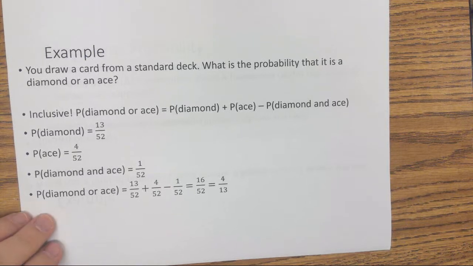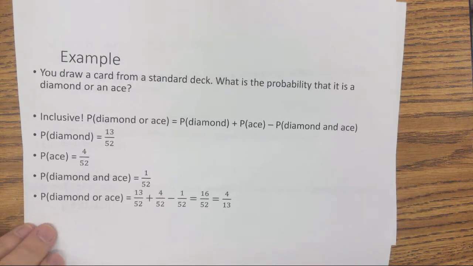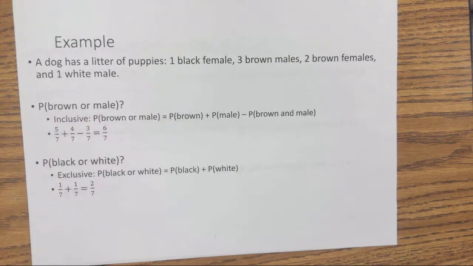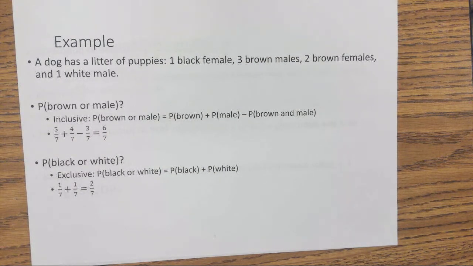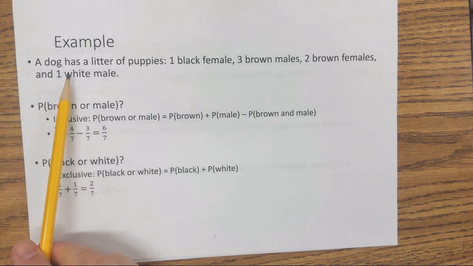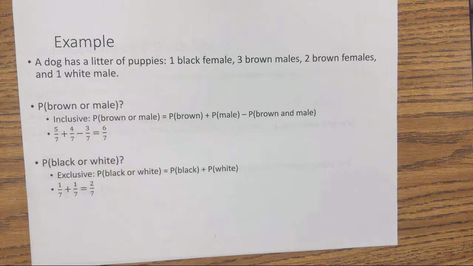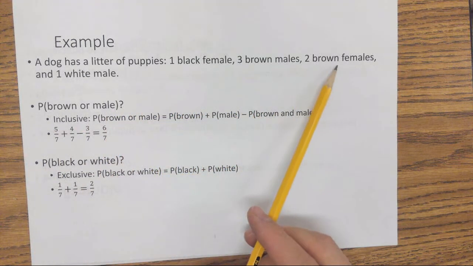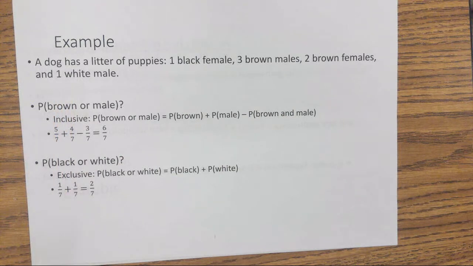All right. It's not so bad. Let's look at another example. Couple others, actually. So, we've got a dog that has a litter of puppies. And the dog has 1 black female, 3 brown males, 2 brown females, and 1 white male.